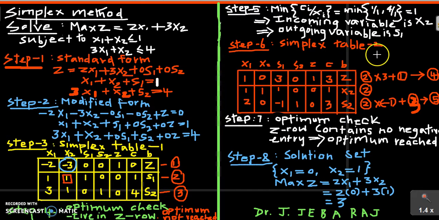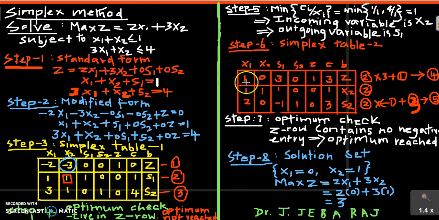Okay, so this is simplex table 2, the second simplex table we have got here. Now after this operation, we have to do the optimum check again. Immediately after the simplex table, we come to the optimum check. Optimum check means we look at the z row. If all the elements in the z row are positive, then we have reached our optimum, that is the maximum.